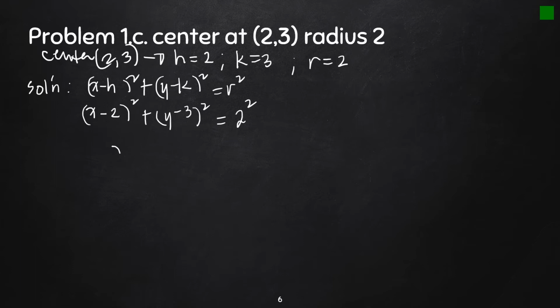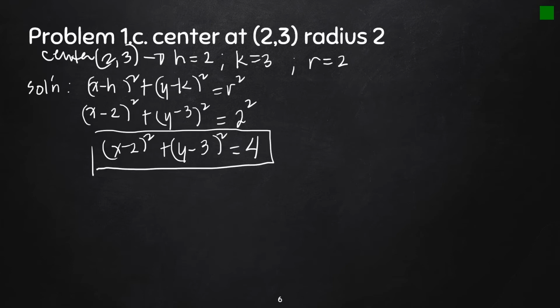Solving that further, we have (x minus 2) quantity squared plus (y minus 3) quantity squared equal to 4. And this is the equation of our circle in standard form. Let's proceed to problem 1.d.